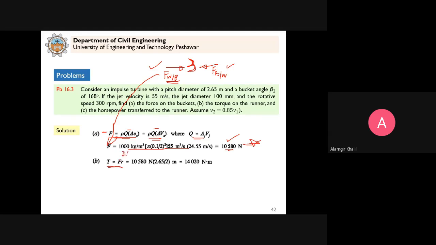This is the torque that you can calculate, and the power transferred to the runner, P, is equal to F into U, or you can also use tau omega; you will get the same result. This is how we calculate the power that is transferred to the runner.